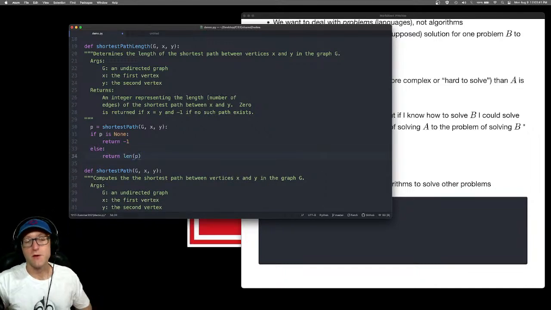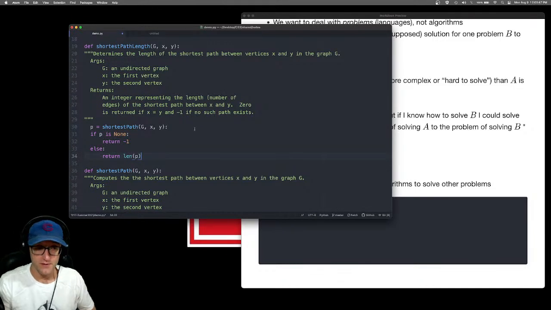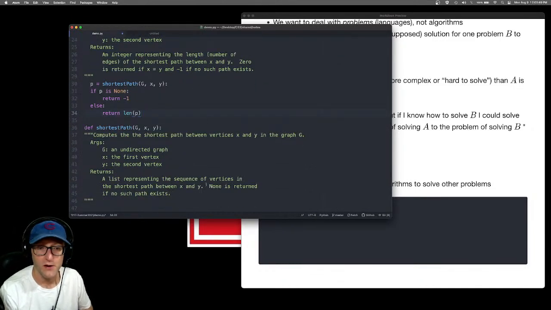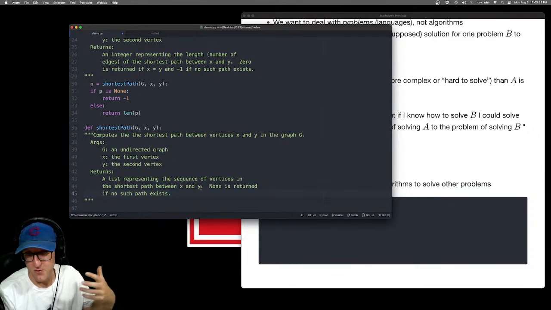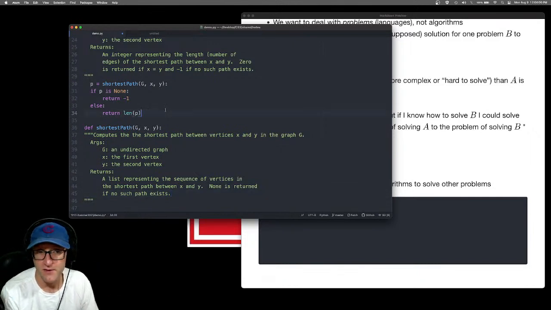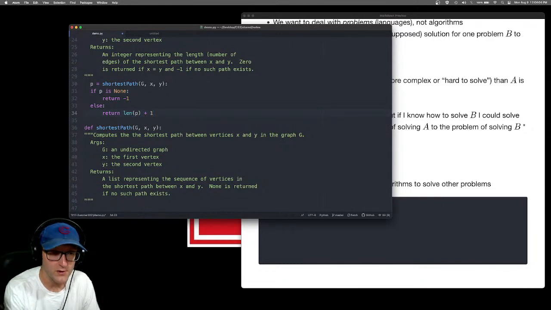Now, I'm assuming here that if X and Y are the same, then it will return an empty list. All right, we didn't put that down here. If it only has the vertices in between them, so if there are no vertices in between them, then its length, I guess, is going to be the length of the list plus 1, right?